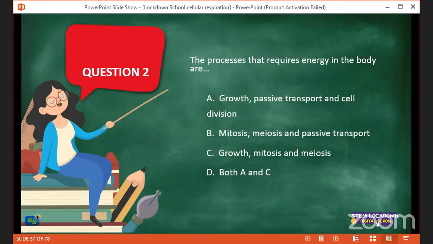C, growth, mitosis, and meiosis, or D, both A and C. Send through your answers, guys.